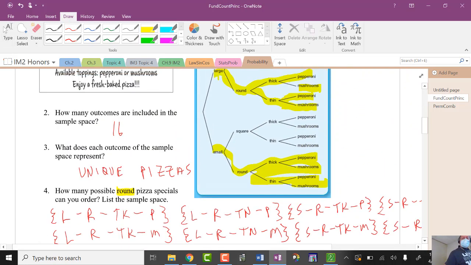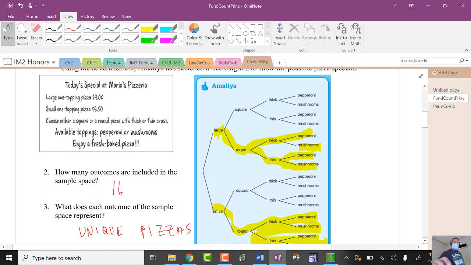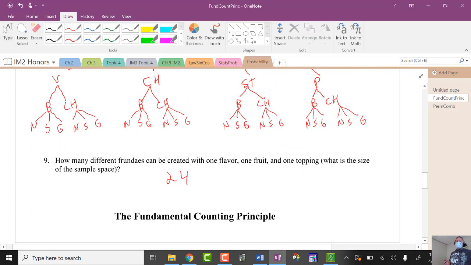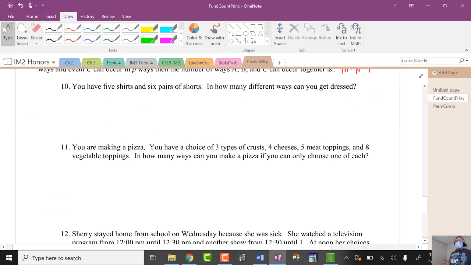Going back up to this one, notice I had 2 different sizes, 2 different crusts, 2 different shapes, then 2 different toppings, only getting 1 of those toppings. And that's 16 possible different pizzas, which is what we had in the tree diagram. So that is the fundamental counting principle. That is how you're mathematically going to easily do these questions.